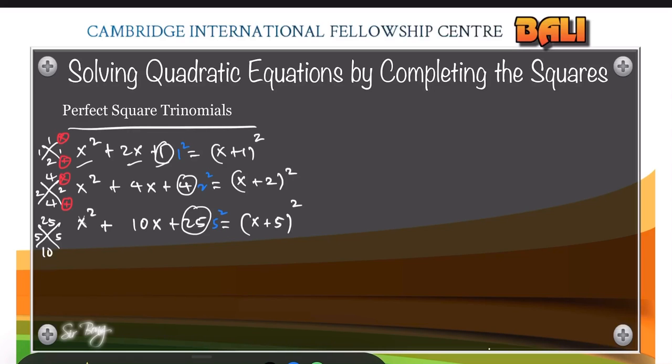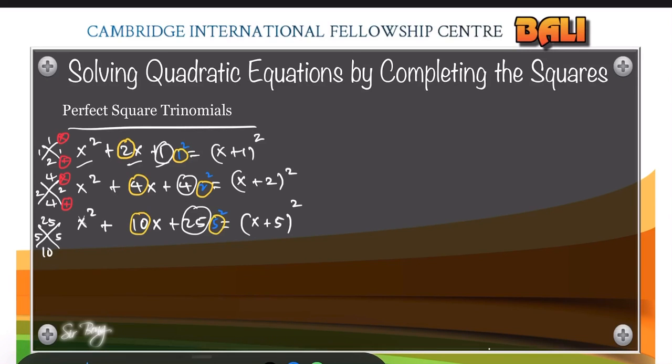They are in some way related to 2, 4, and 10 as 1, 2, and 5. So you would notice that the third term is just one half of the coefficient of the middle term, and then you just square it.